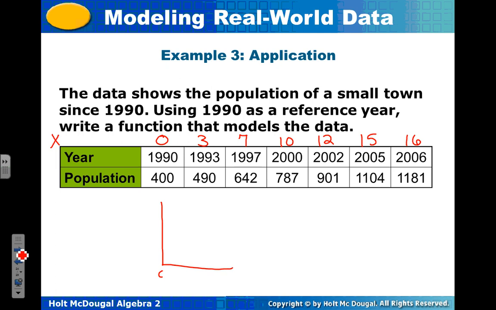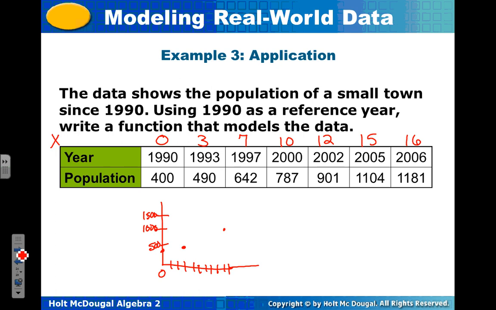So at 0, this goes from 400 to 1100. So I'd put 500, 1,000, and then 1,500. That would be my scale for my y's. So 0, 400. Then 1, 2, 3, 490, 4, 5, 6, 7, 642 would be somewhere in here, 8, 9, 10, 787, up above that just a little bit.